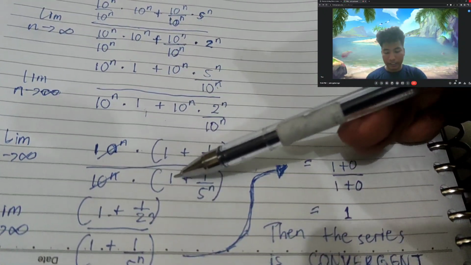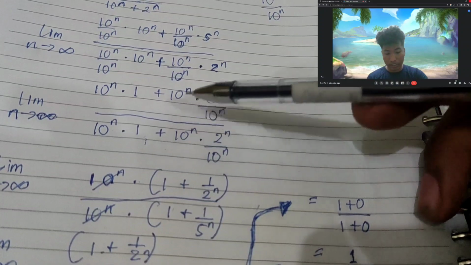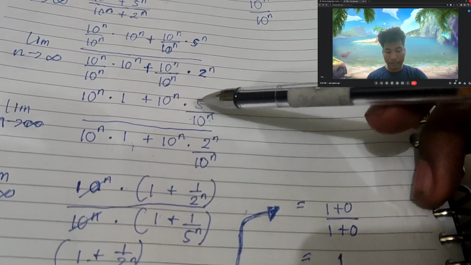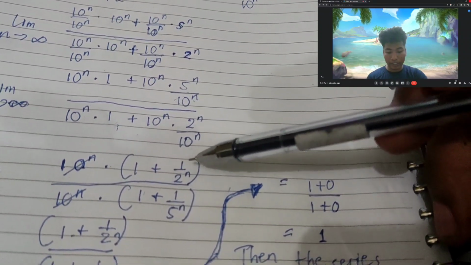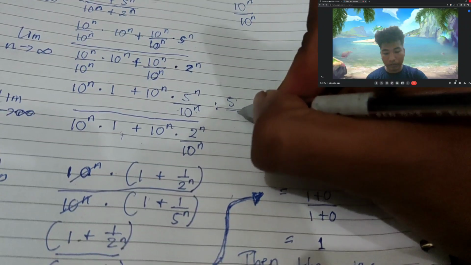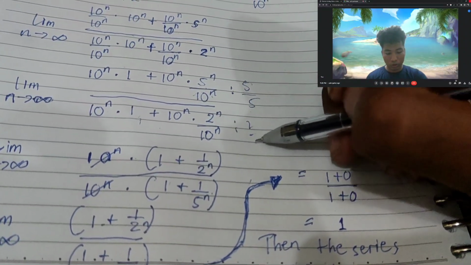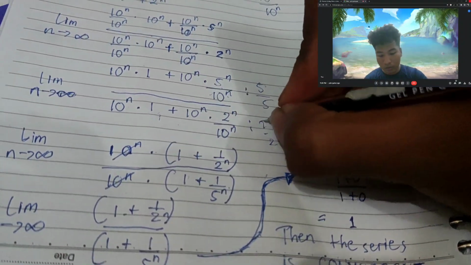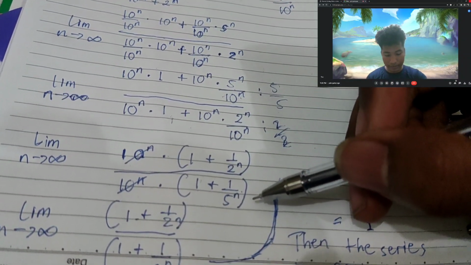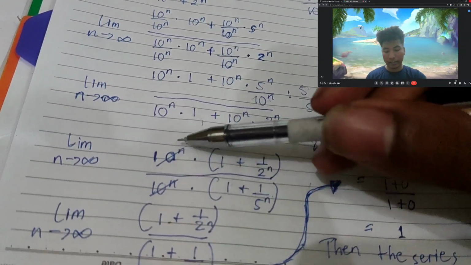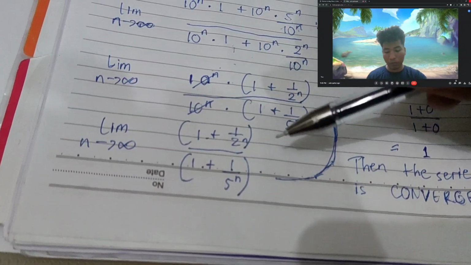After this, 10 to the n times 1 is 10 to the n, and 5 to the n over 10 to the n simplifies to 1 over 2 to the n, and the same with the denominator, 2 to the n over 10 to the n is 1 over 5 to the n. The 10 to the n factors can be removed, so it remains 1 plus 1 over 2 to the n over 1 plus 1 over 5 to the n.